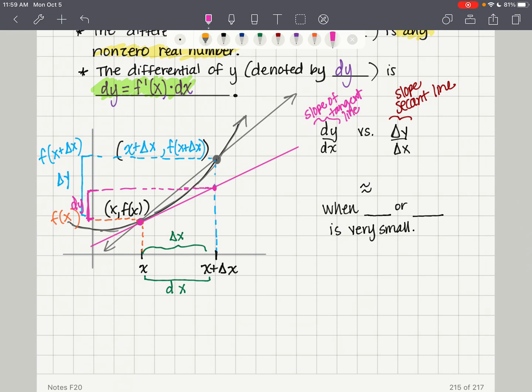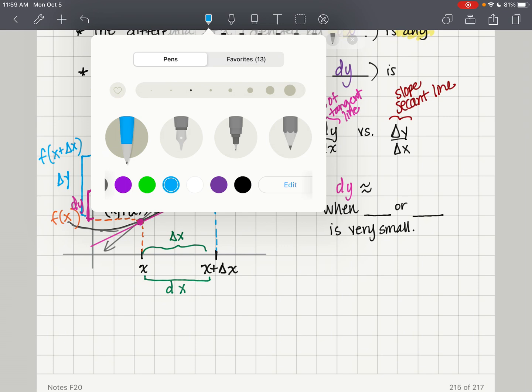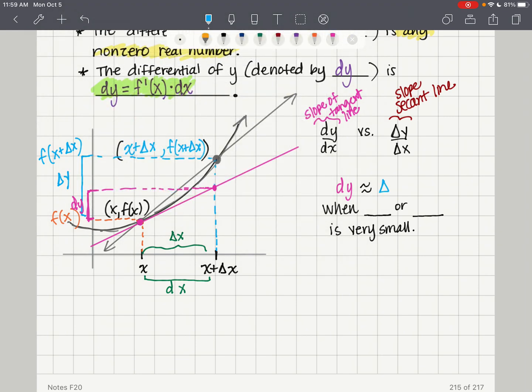And when our delta x approaches 0, when it gets very, very small, dy is going to be approximately the same thing as the change in y, delta y.